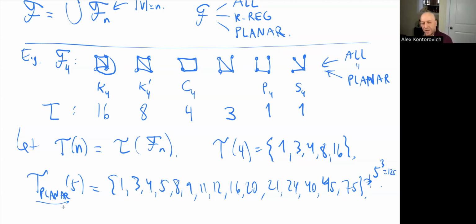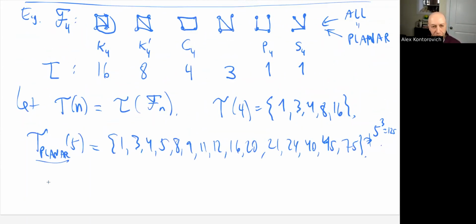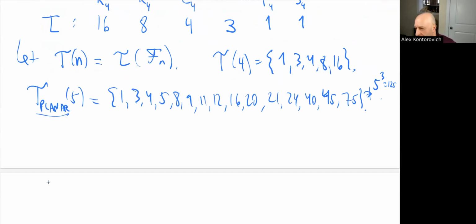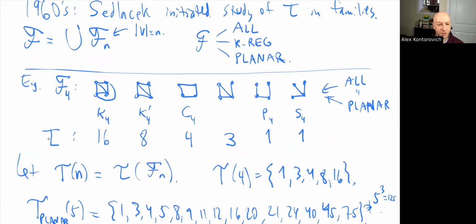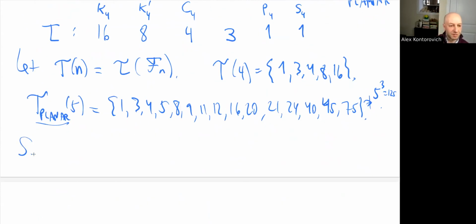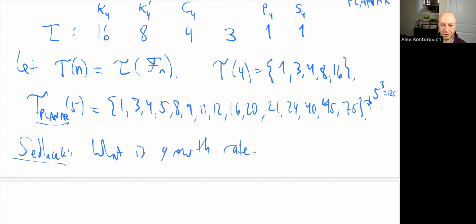In just a minute, I'm going to restrict our attention exclusively to planar graphs, but I want to give you the big picture before we do that. So far, so good. Any questions? We haven't done anything really. Okay, so what Sedlacek started to study is the growth rate of T of n in various families.